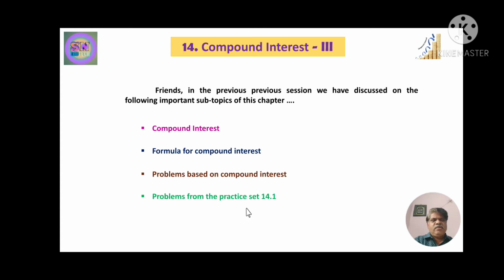In this session, we are going to discuss applications of compound interest, especially the problems from practice set 14.2. Before that, let us see what the application of compound interest is.